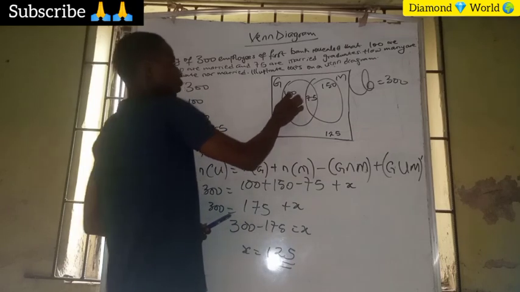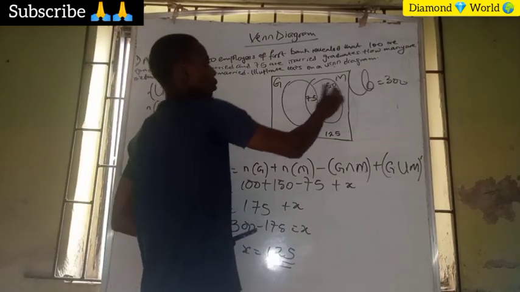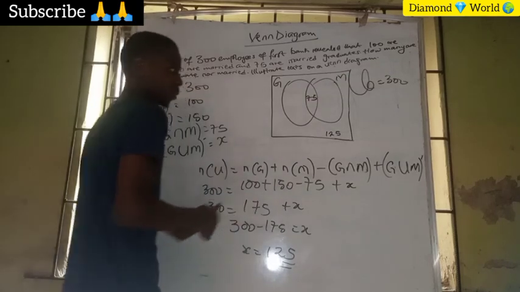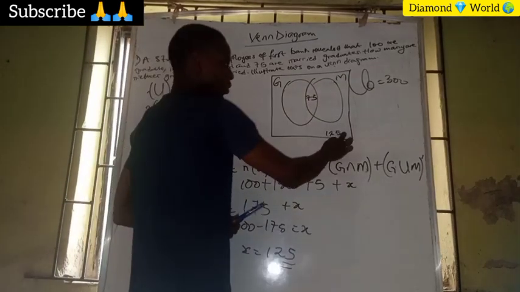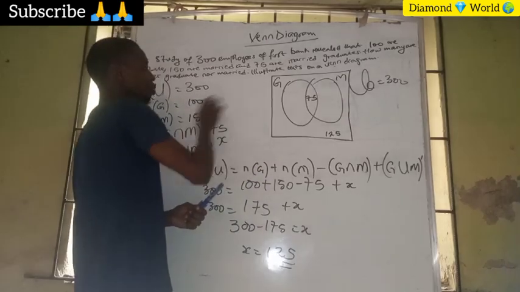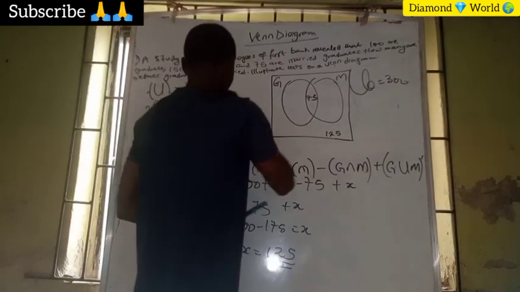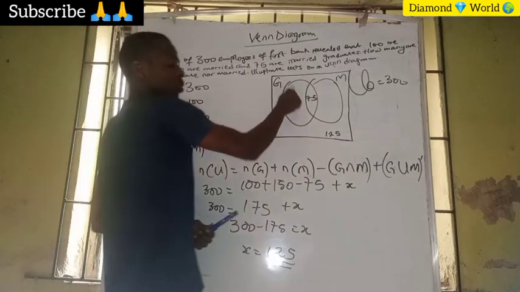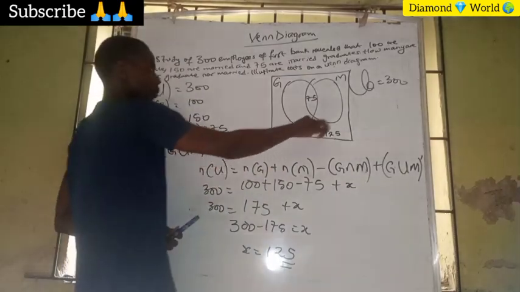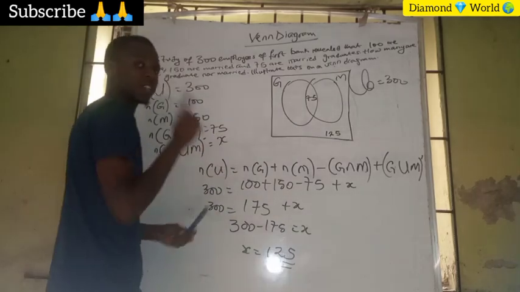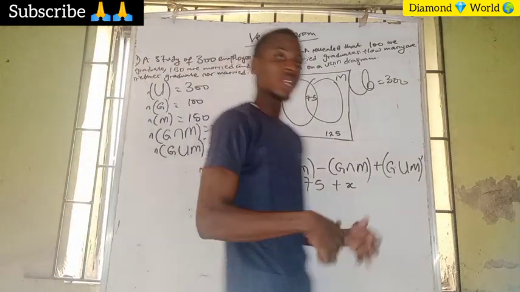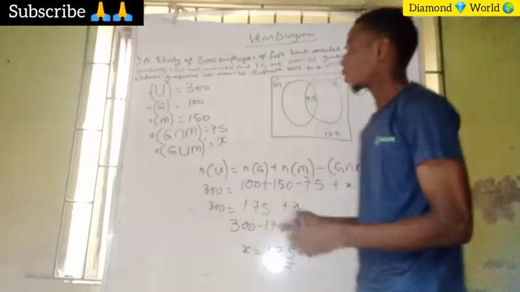Now, to get the proper numbers, you have to place them on your Venn diagram. This is correct, this is correct. But 100 to be put here is not correct, and 150 to be put here is also not correct. So you have to put the correct figures so that you get your correct mark.